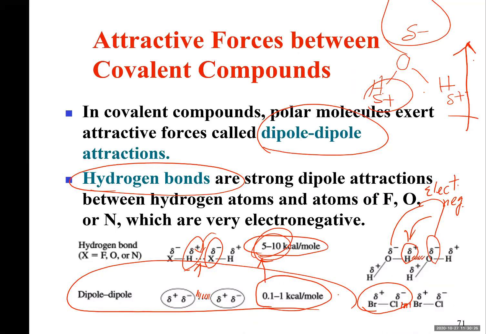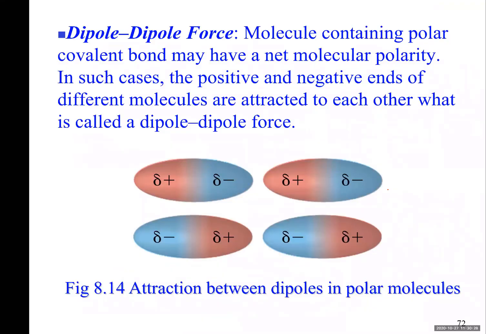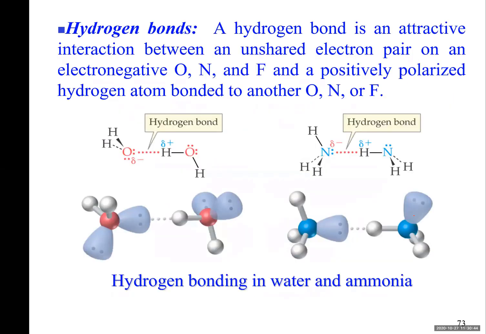And then we have one more case. By the way, this is showing a typical dipole-dipole interaction. If there is no hydrogen involved between the two electronegative atoms, we call it dipole-dipole. If there is a hydrogen involved, like here, hydrogen is bridging two electronegative atoms of nitrogens together.